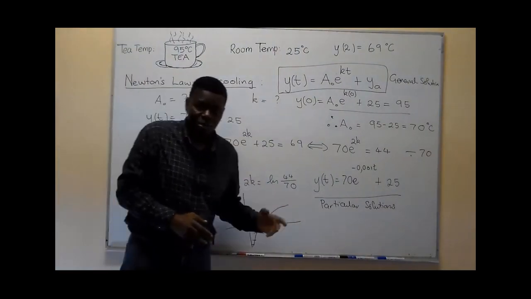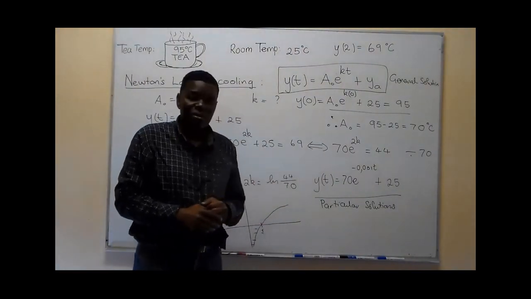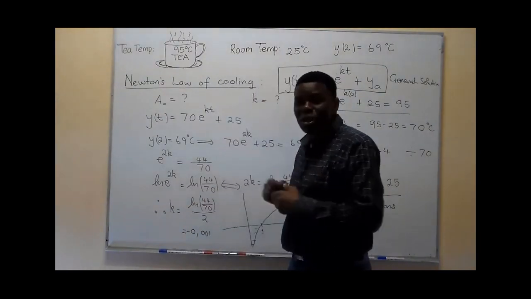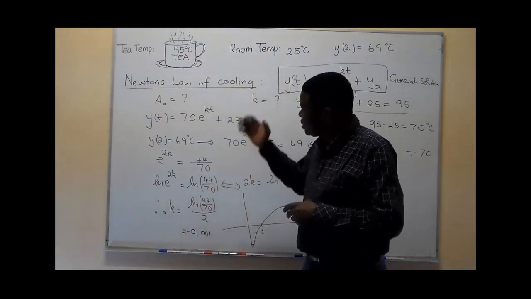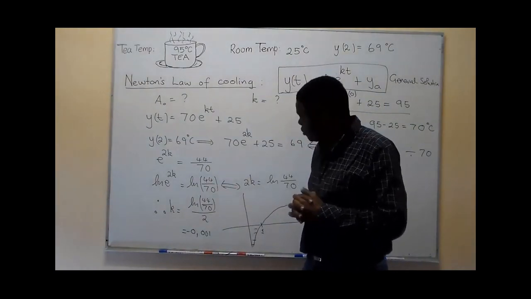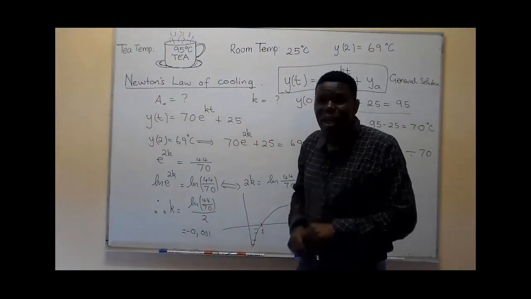I hope with this example and what we've discussed before, you are able to set yourself on fire and do this kind of practice until you are very fluent in solving this kind of problems.